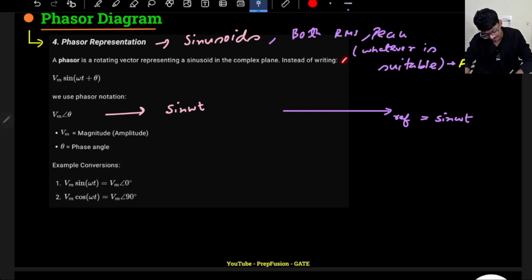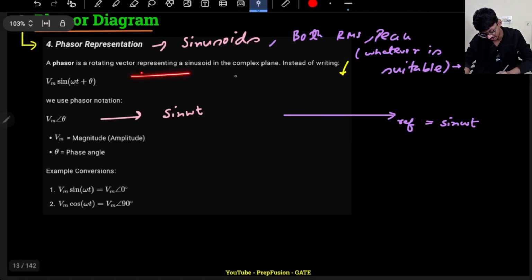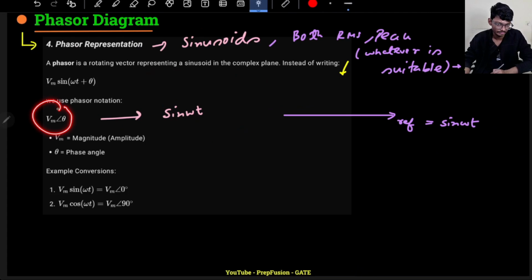If nothing is mentioned about the phasor, remember the phasor is just a complex number. A complex number has a magnitude and a phase.